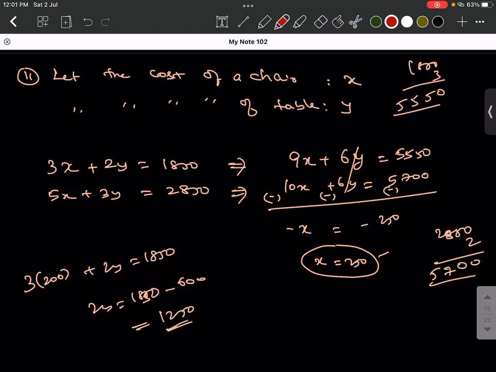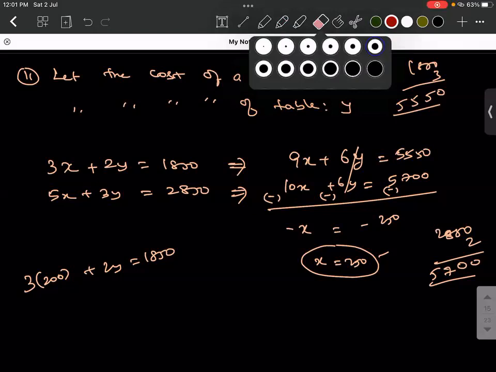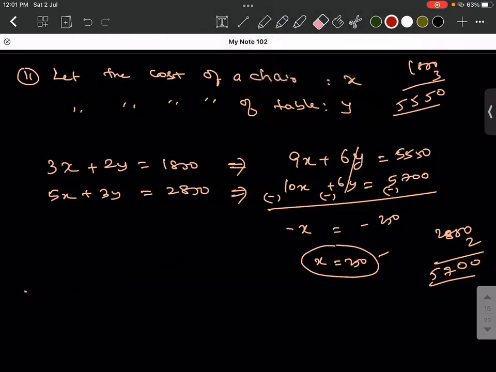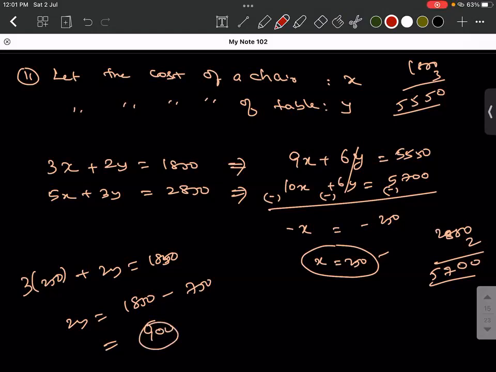I'm thinking, why will they sell it? Who will sell this chair for 700 and 800 rupees? So 3 into 250 plus 2y is equal to 1850. So 1850 minus 750, 900, 1000, 1100.